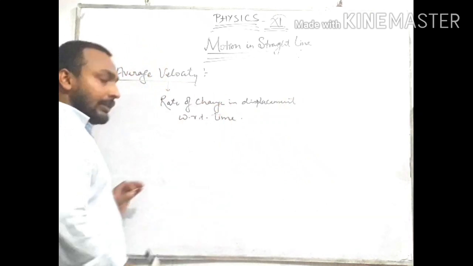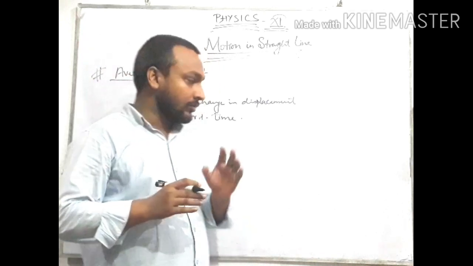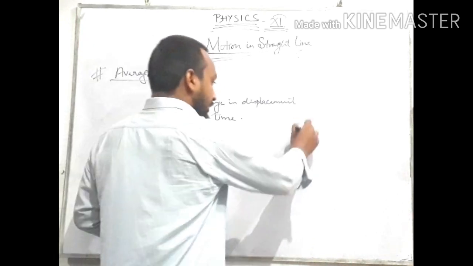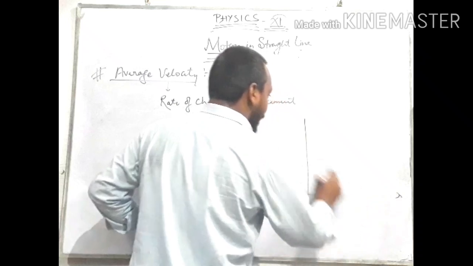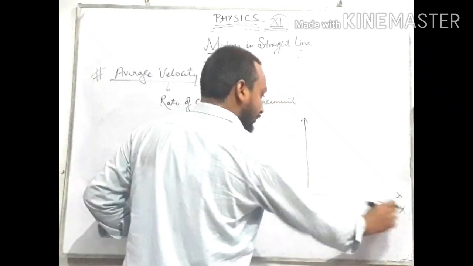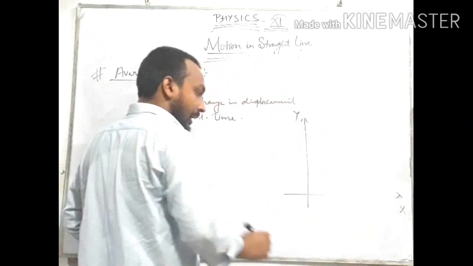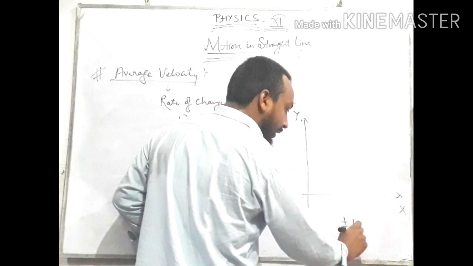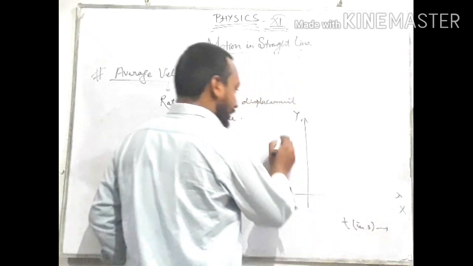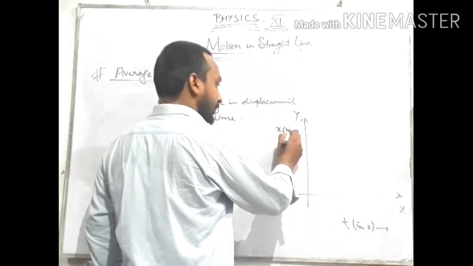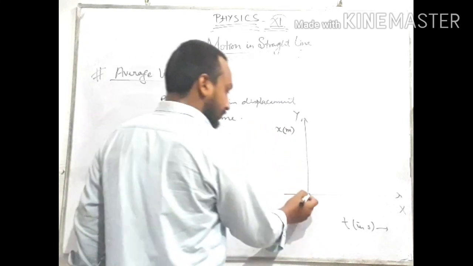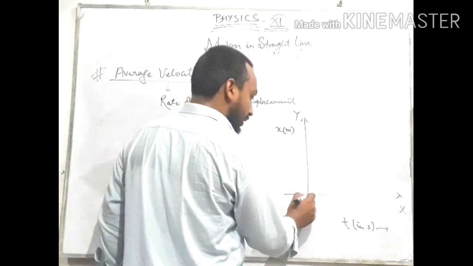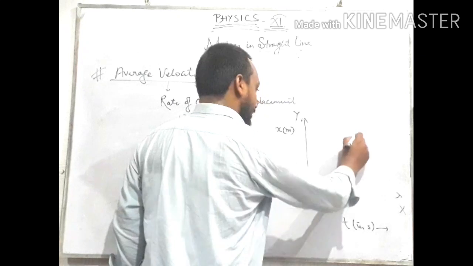Now let me tell you one example. Suppose a body is moving. This is the x axis, this is the y axis, and here you can take time in seconds and displacement in meters. The body is moving and it goes like this.